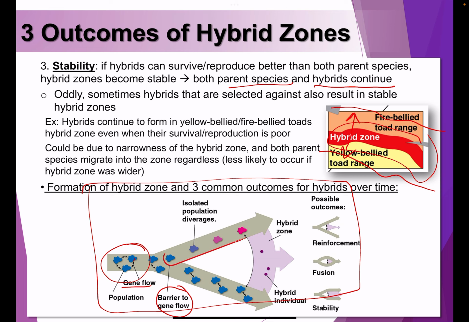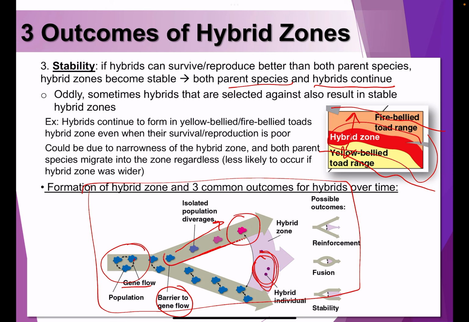When one population begins to diverge from the other two, you see this color change, how it goes from blue to purple to pink, etc. This color change indicates that the isolated population continues to change and diverge over time. And later, if gene flow is reestablished in the hybrid zone, then this will create hybrid individuals right there.